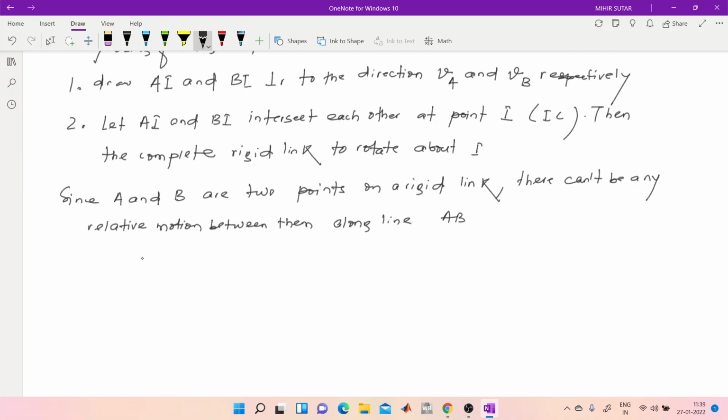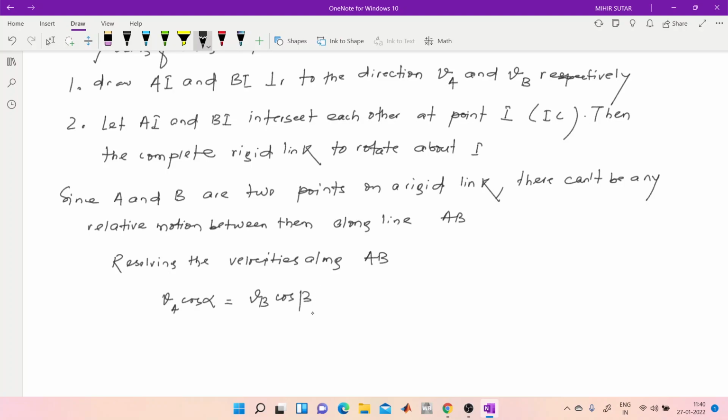Now, resolving the velocities along AB, we have VA cos alpha is equal to VB cos beta.